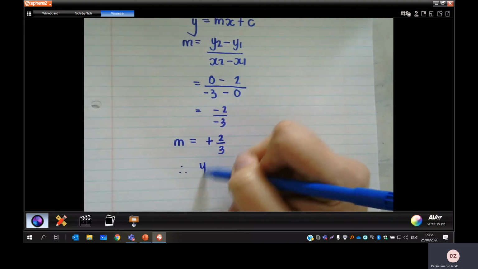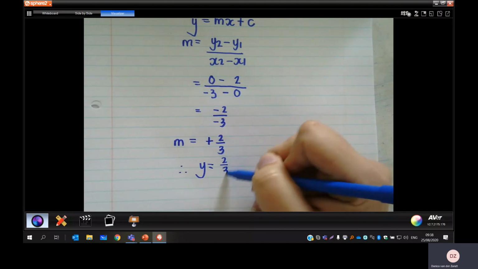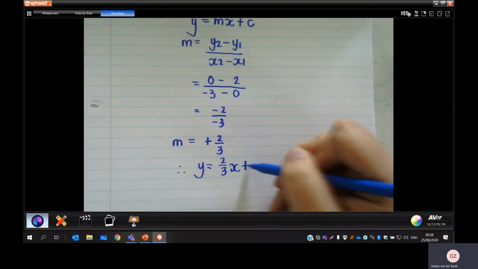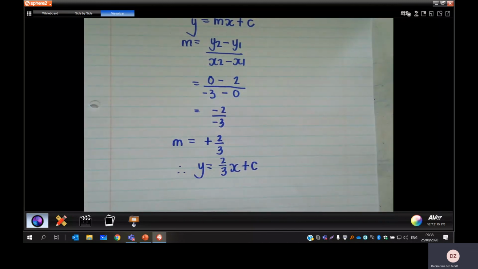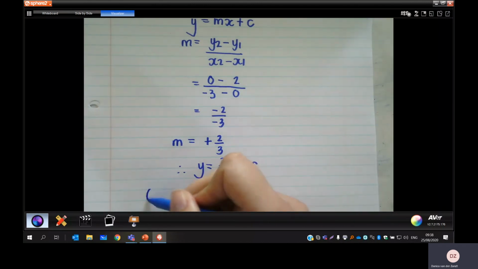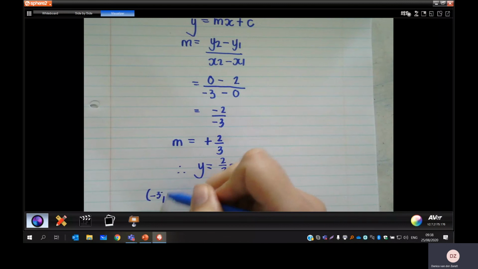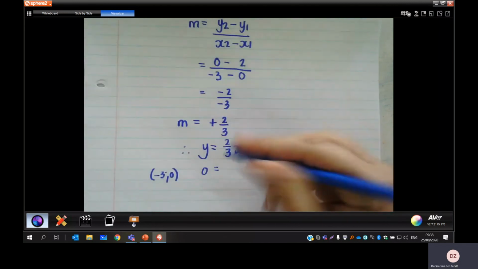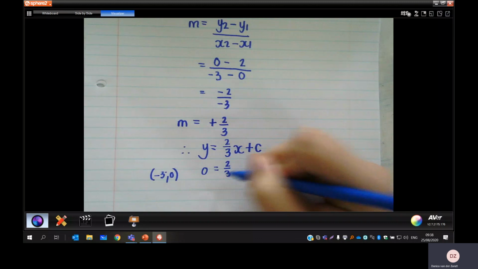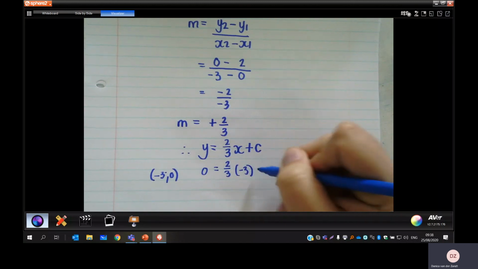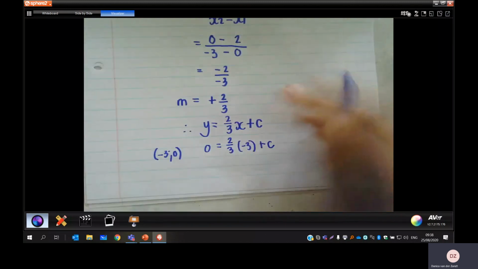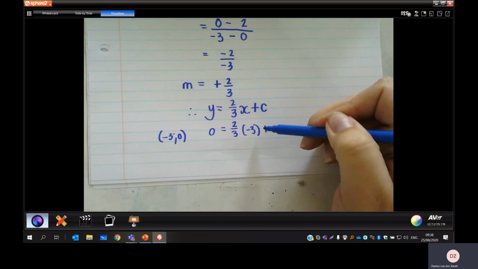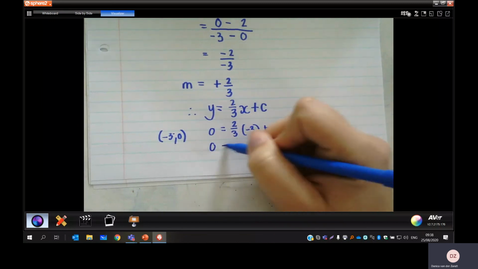Therefore, I can update and say I have a 2 over 3 gradient, but I still have to plus the c. And then I can substitute either point. Okay, I'm going to substitute -3 and 0. 0 equals to 2 over 3 times -3 plus c. 2 over 3 times -3 is -2.